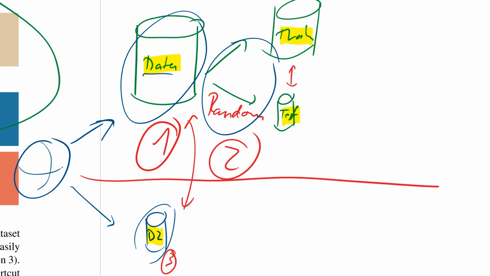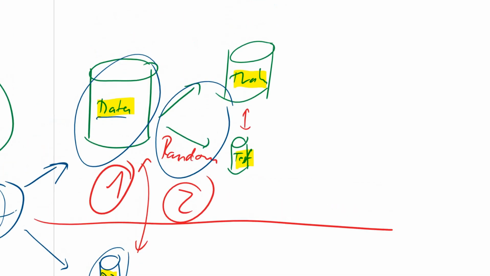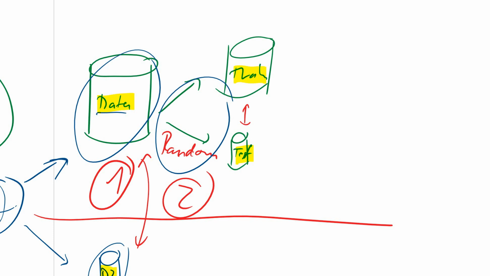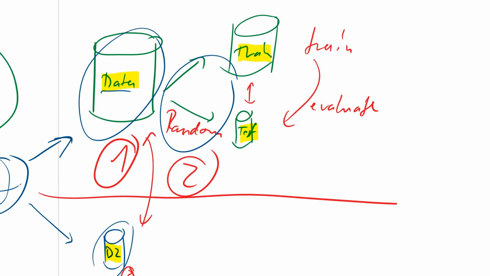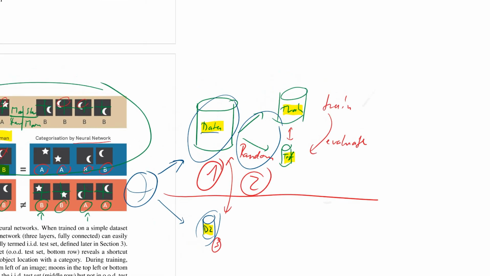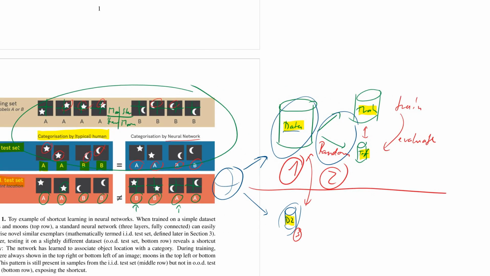I think that's kind of intuitive. So what we usually do is we train here, and then we evaluate on the test set, right? But the train and test set are just randomly split versions of the same data set, and that means that if there is some kind of bias in the training set, it's probably also in the test set, like we saw here with the moons, right?